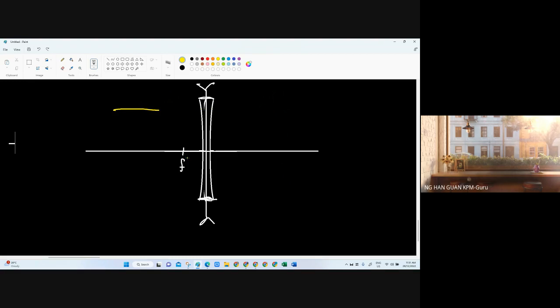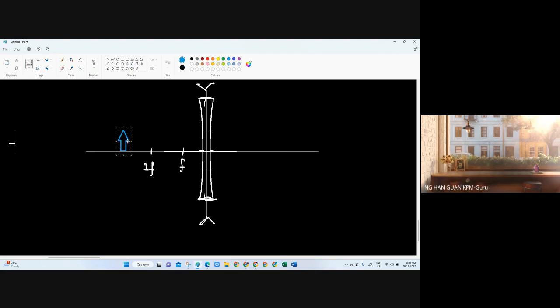So for the concave lens, we have the virtual focus, and we are going to use this virtual focus. And we have another 2F also. Why do I need this? Because I need to show you all of them, no matter where the positions of the objects are. All right, so let's say one more than F here. Okay, sorry.